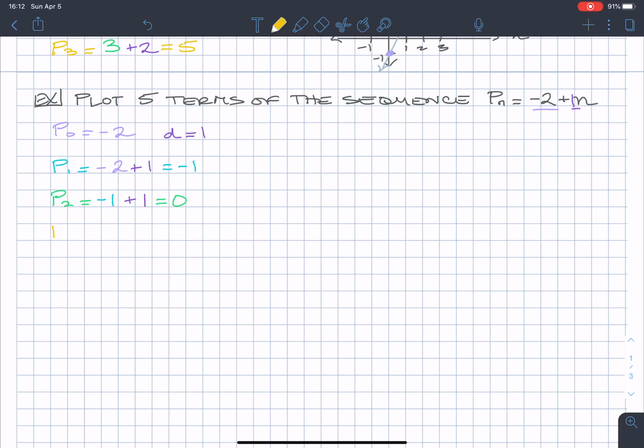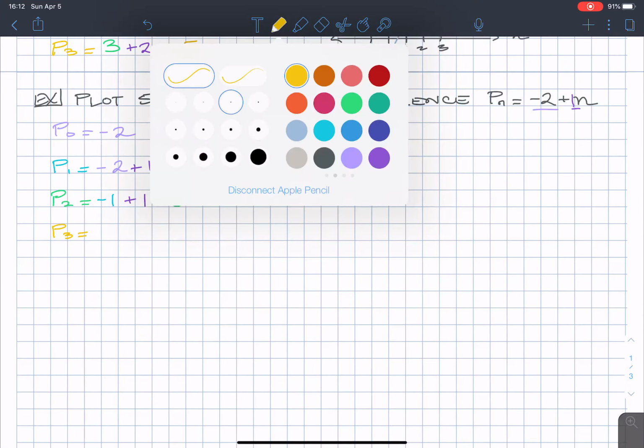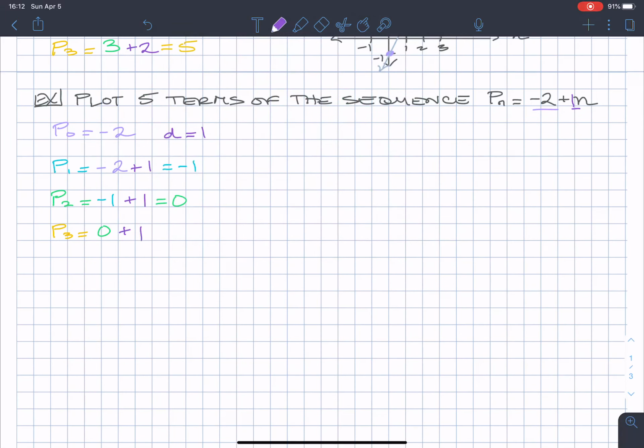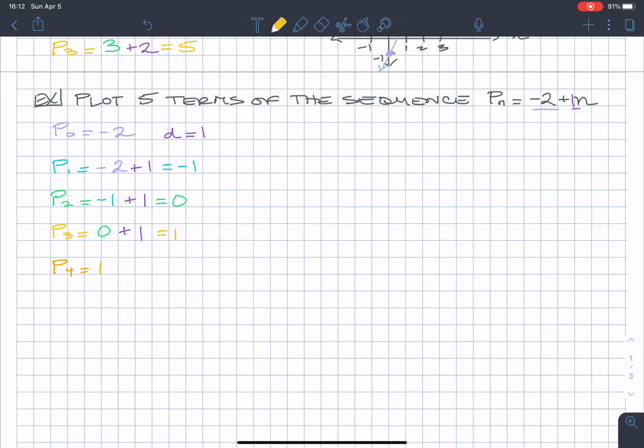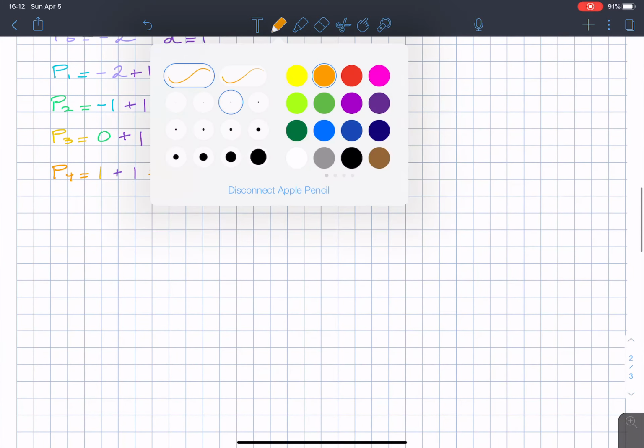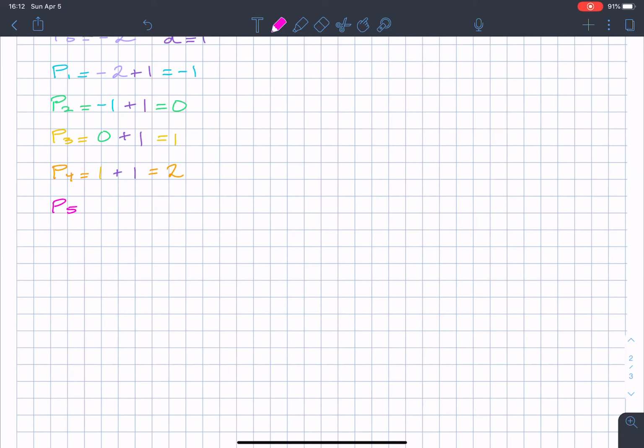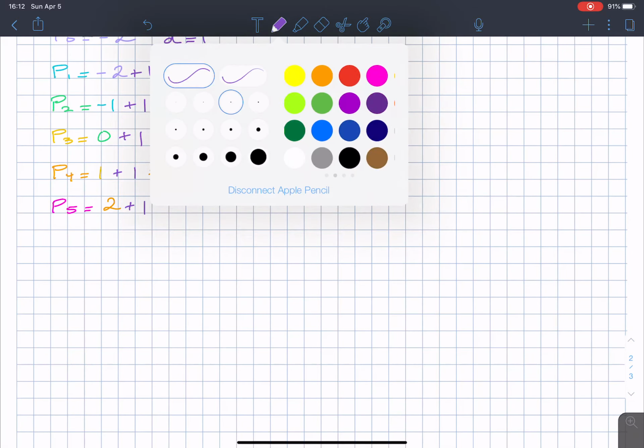P sub 3 will be the previous term, p sub 2, which was 0, plus a common difference. So I get 1. P sub 4 will be the previous term, 1, plus a common difference, 1. So I get 2. And finally, p sub 5 will be the previous term, 2, plus a common difference, 1. So I get 3.